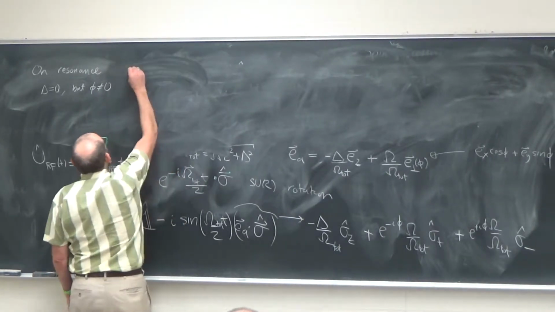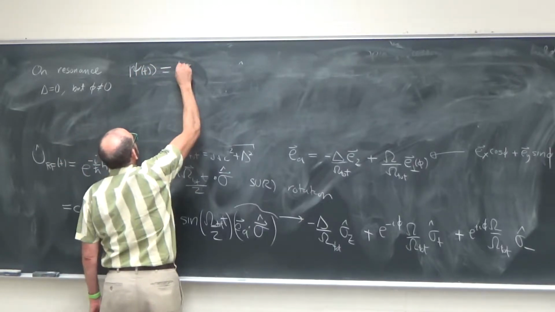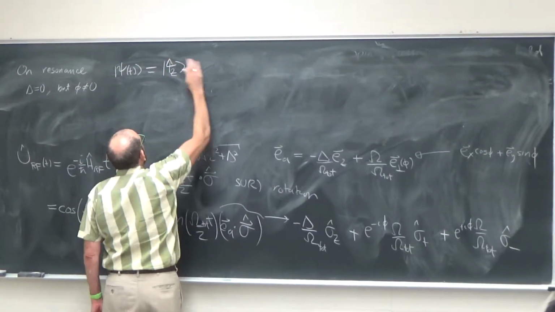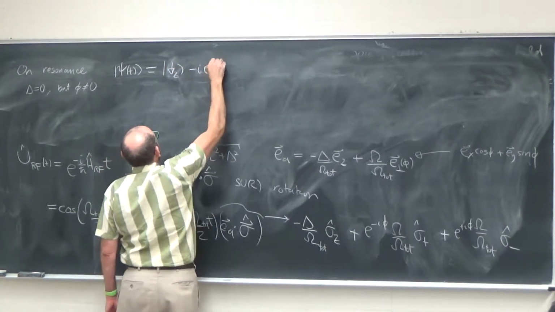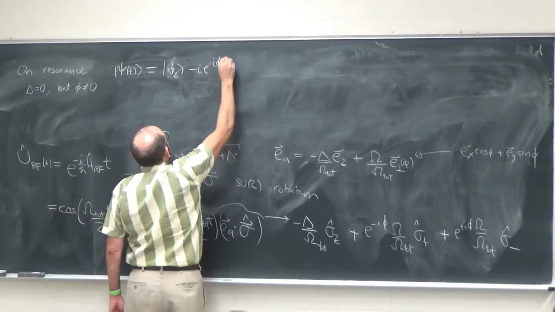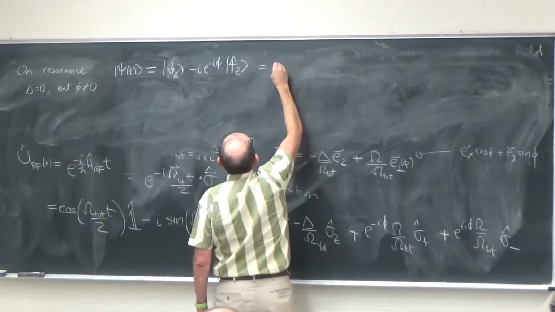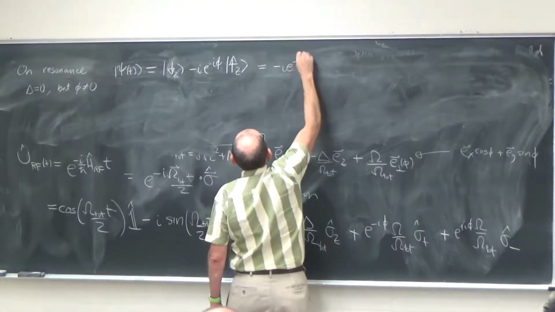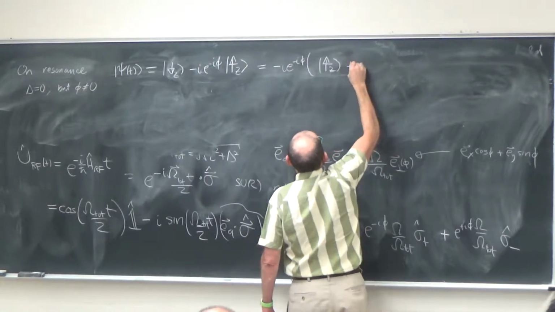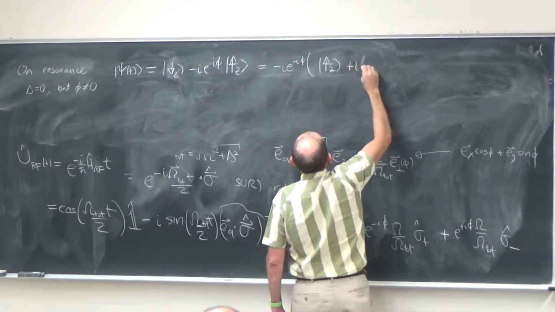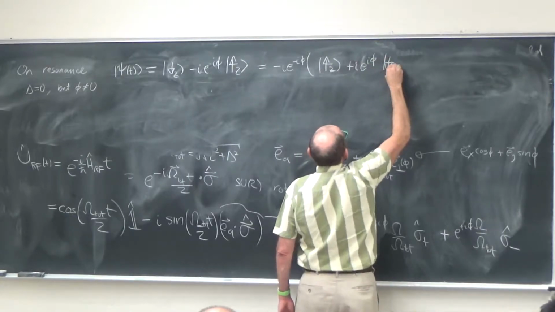Then the state for that same initial state, the state at a later time, is spin down along z minus i e to the minus i phi, spin up along z. Or if I factor out that phase, it's spin up along z plus i e to the i phi, spin down along z.